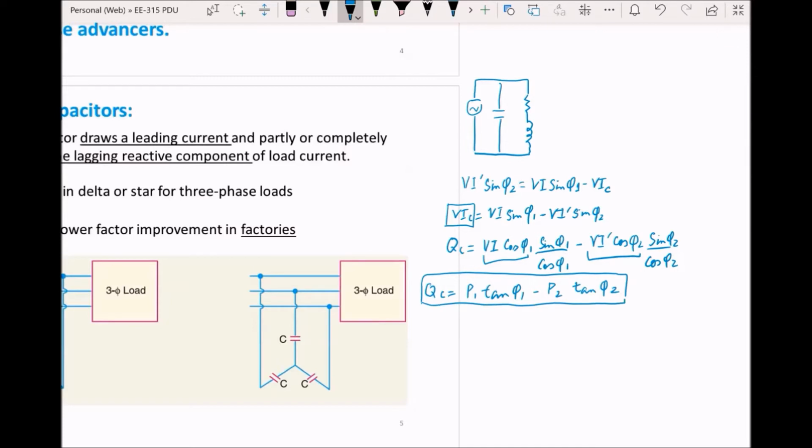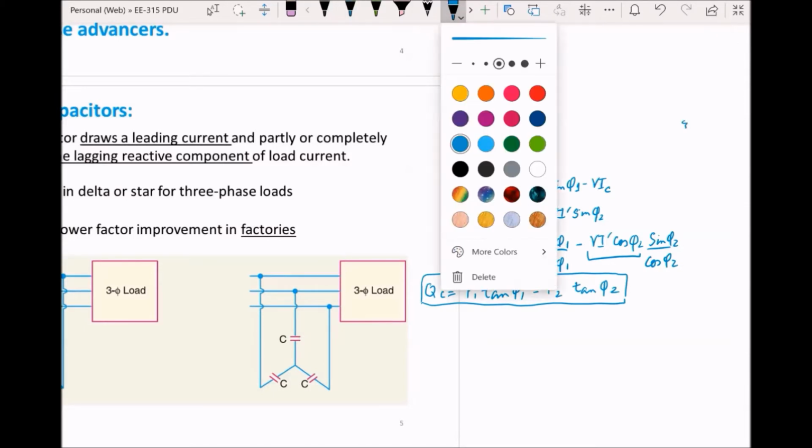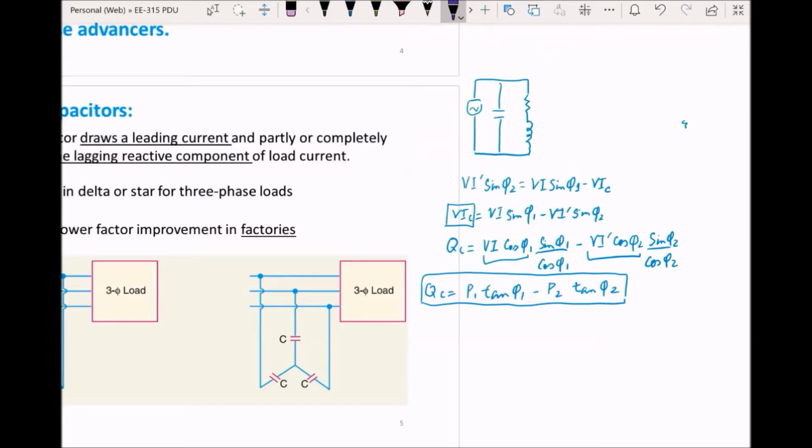Alright, so at this point we can see that the lag between the voltage and the current can be compensated. But if we want to know the value of the capacitance which we are going to be connecting, let's say we want to calculate the capacitance over here.